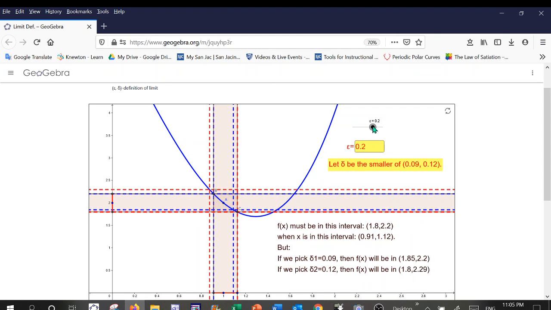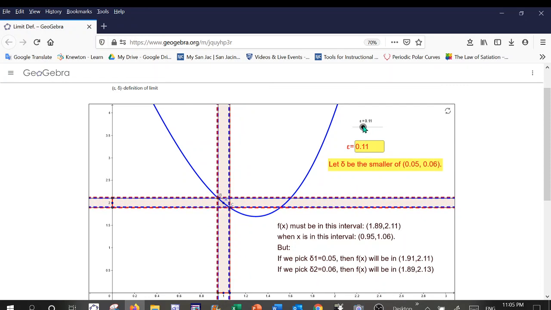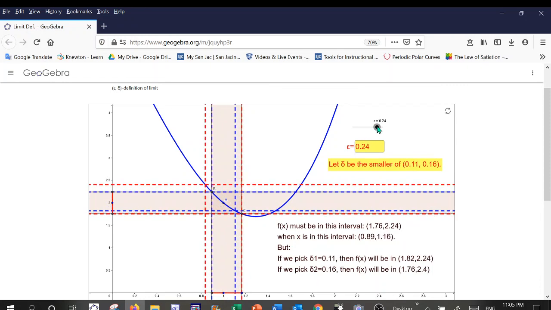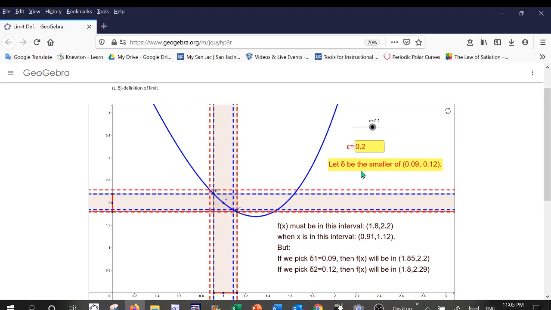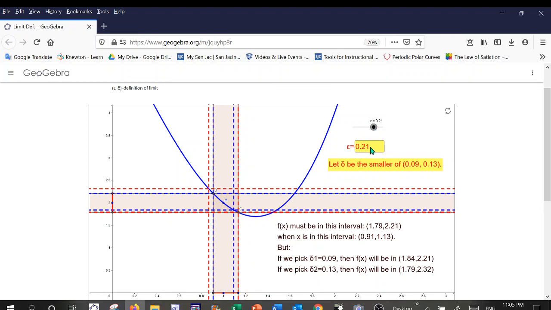For different values of epsilon, you can actually find different values of delta. Now what I have here, this is epsilon. So if I pick epsilon to be, let's say, about 0.21, here we go, 0.21. That's the number we found. And notice that there are two deltas here, 0.09 and 0.13.